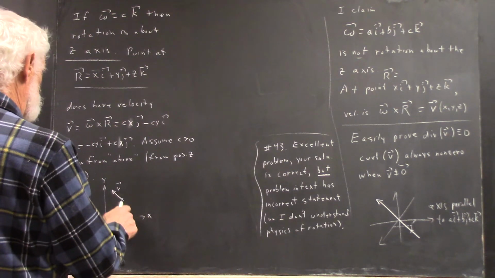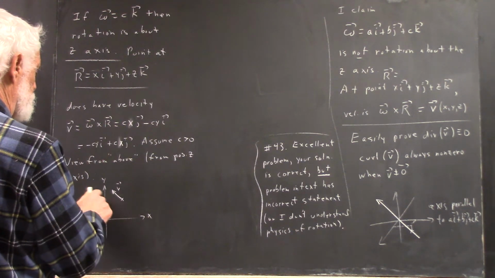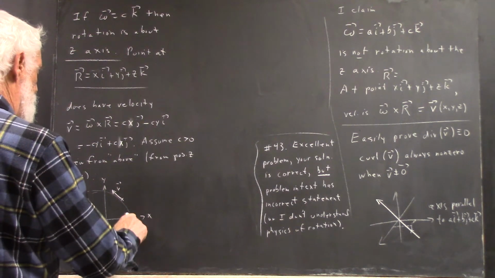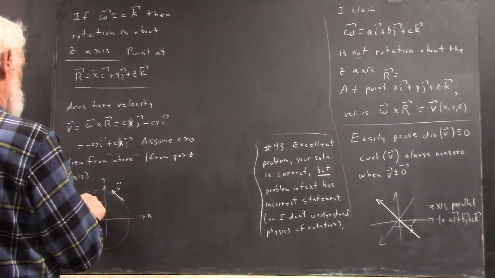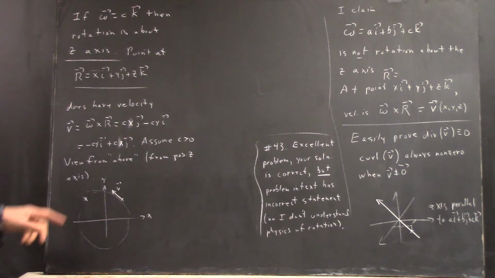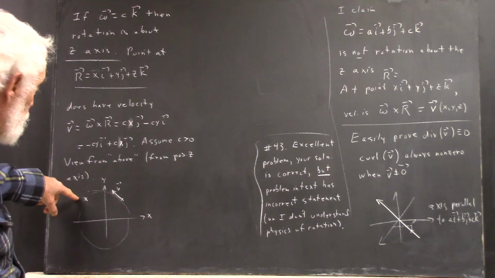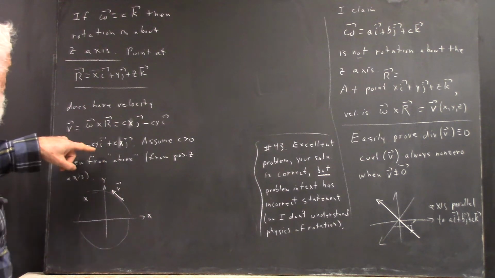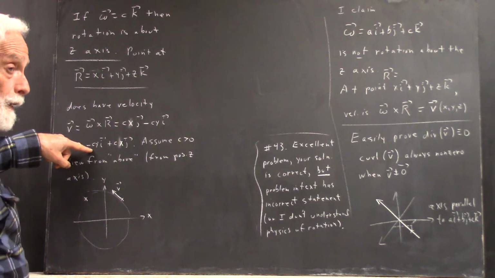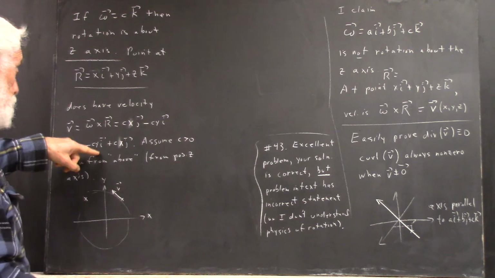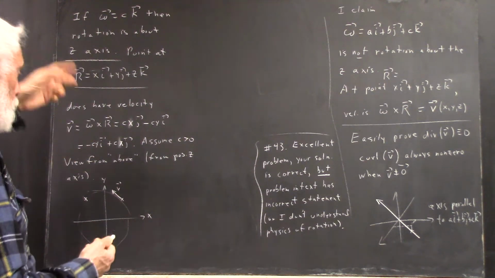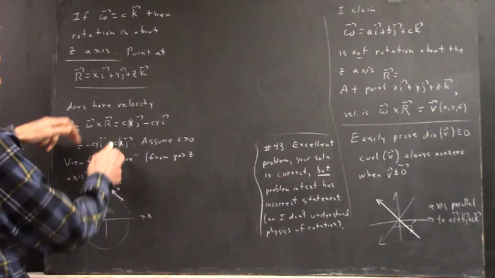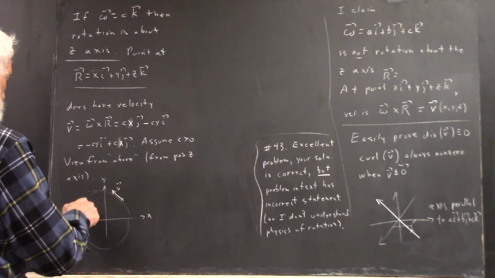Now, if you just go around any circle, go over here, well, now your x is negative and your y is positive. So you're going to have a negative i component because y is positive, and a negative j component because x is negative. Same magnitude that you had here.